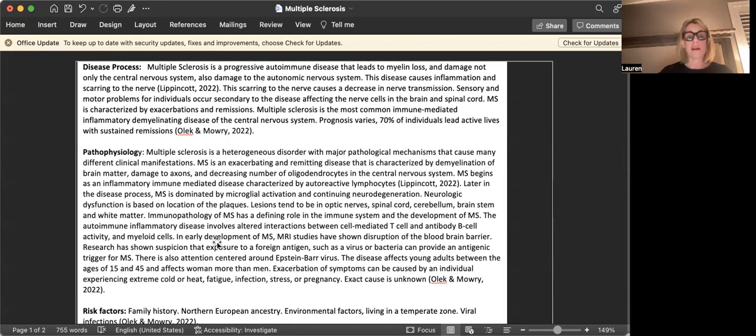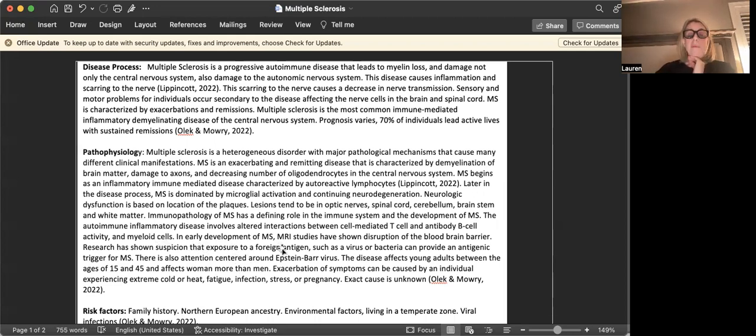This is interesting. The immunopathology of MS has a defining role in the immune system and the development of MS. It is an autoimmune inflammatory disease, which has altered interactions between the cell-mediated T cells and antibody B cell activity in myeloid cells.